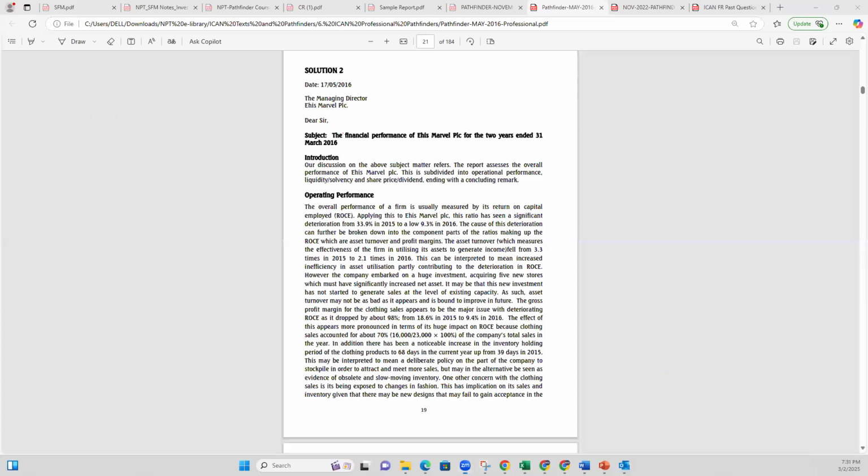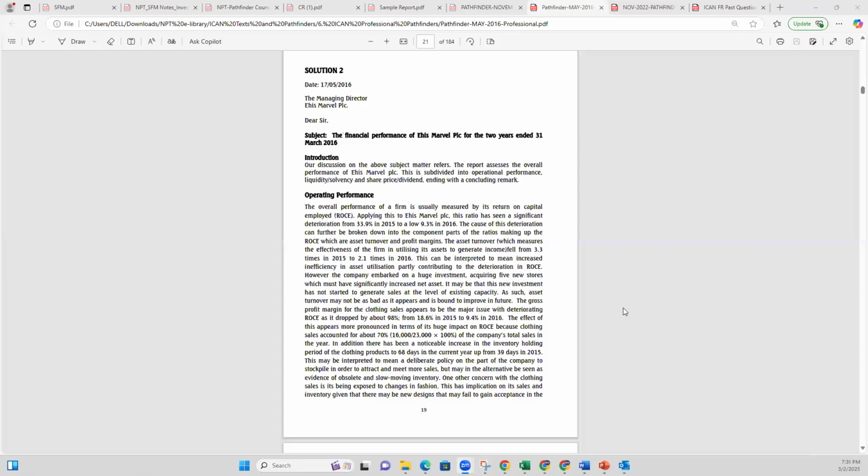However, the company embarked on a huge investment, acquiring 5 new stores, which must have significantly increased net assets. It may be that this new investment has not started to generate sales at the level of existing capacity. As such, asset turnover may not be as bad as it appears and is bound to improve in future.